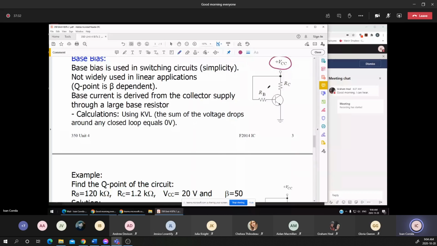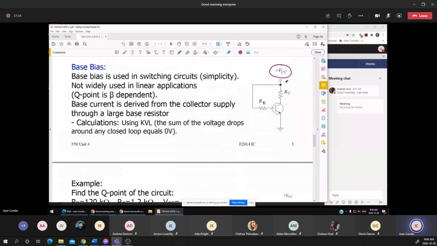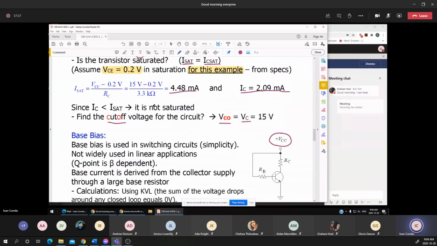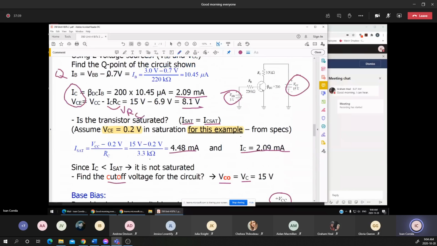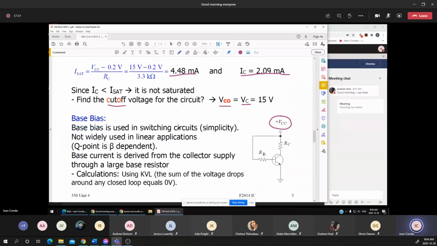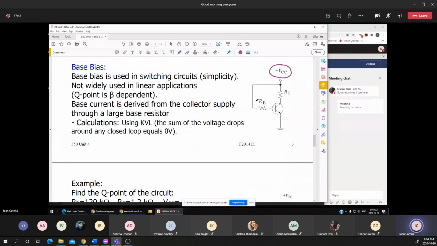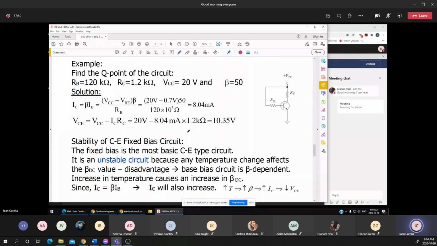And from the previous equation, instead of using the RB and the VBB, I'm using the VCC and the RB. That's the only change. It means that I'll follow the same rules, applying the KVL in this input loop and applying the KVL in this output loop.